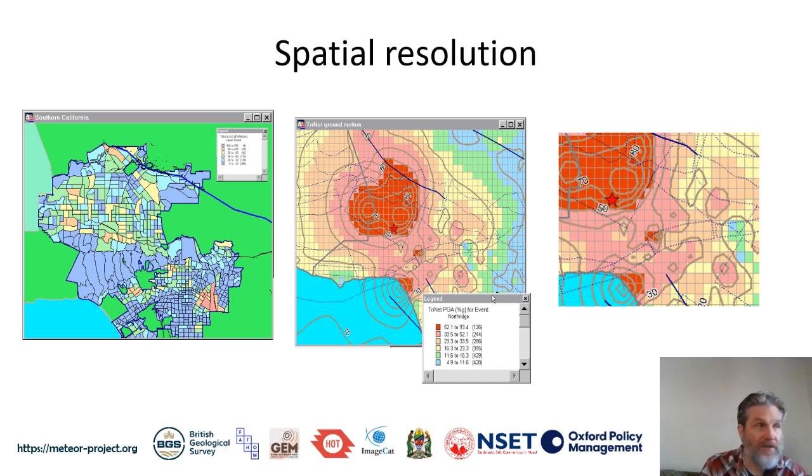So in this case, on the left here, this is Los Angeles City, and these are, I believe, census tracts. And the spatial resolution of that data is the census tract level, you would say. It's not an even unit geographically speaking, because some of these are quite tiny in areas that have dense population, and then some of them are quite large.